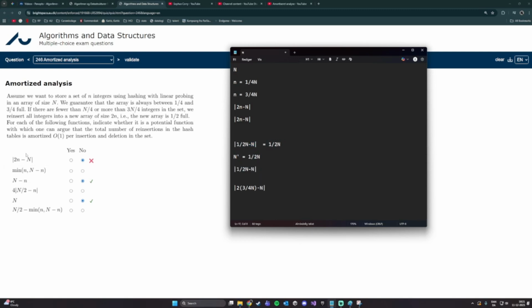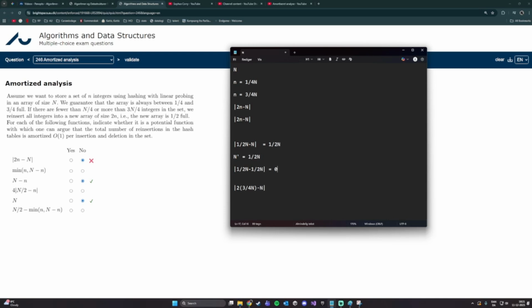Now we have 2n, which is still 1/2 of the old n. And now the new n here becomes lower, so it's half of n. So now we actually get a potential of 0.